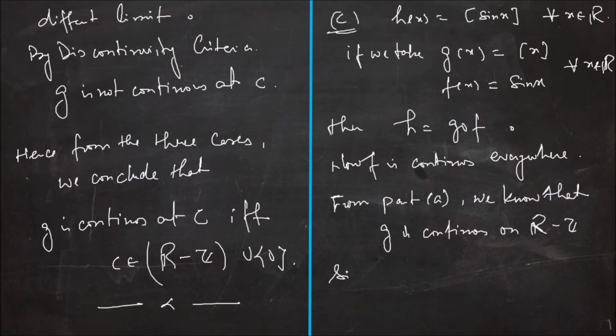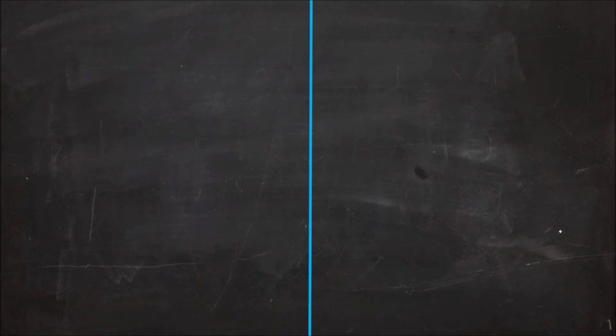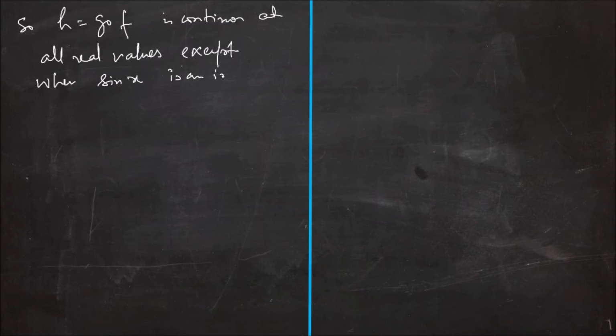So since the composition of two continuous functions is continuous, and g is continuous on R minus Z, h equal to GOF is continuous at all real values except when sin x is an integral value, that is, sin x becomes an integer.